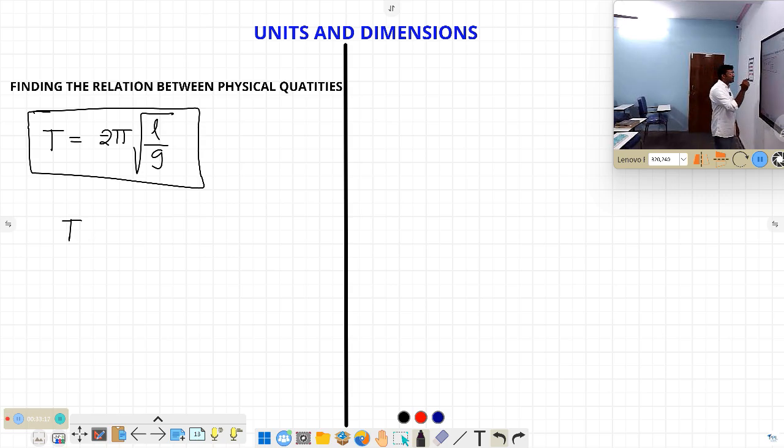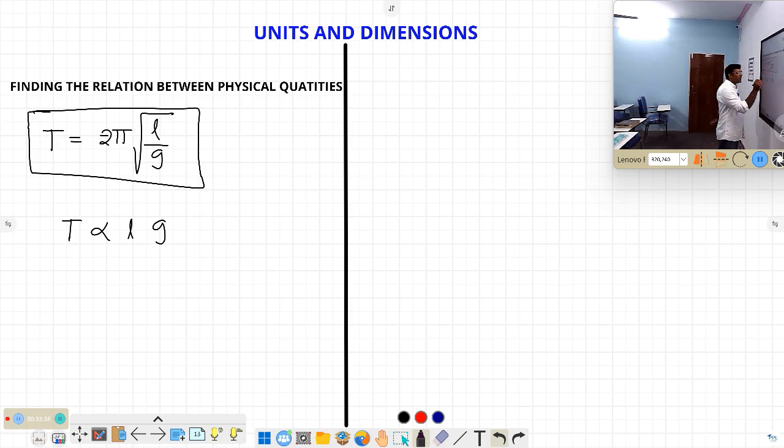T is called time period. How is this time period related to length and gravity? So T is proportional to length and gravity. We don't know how it is related, so we find the relation using the dimension method.